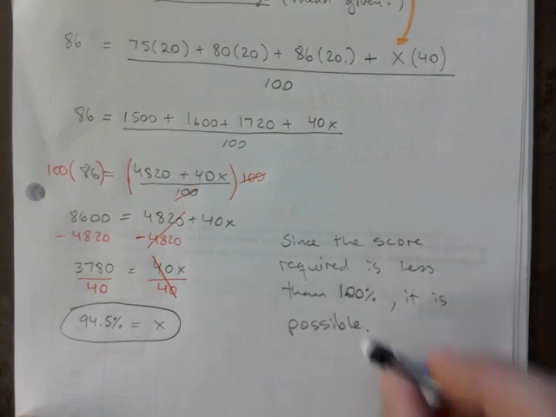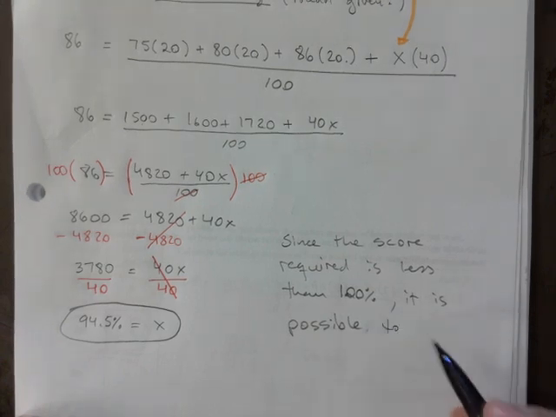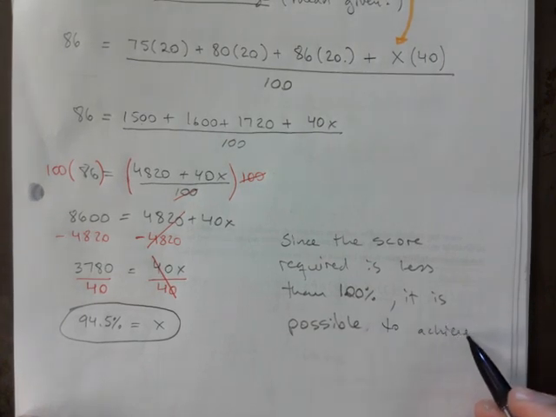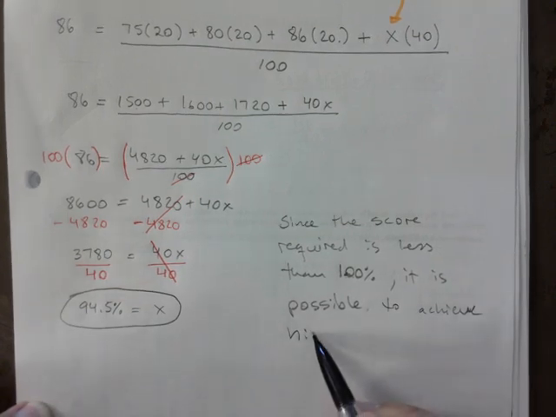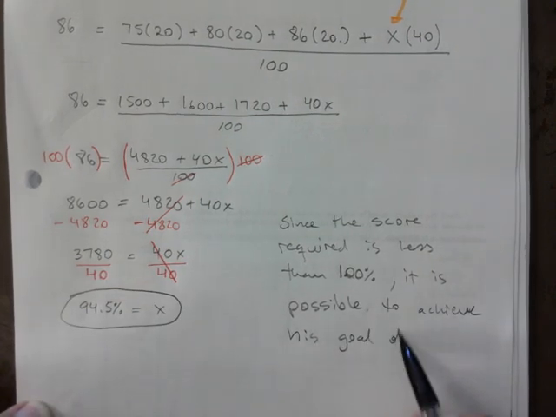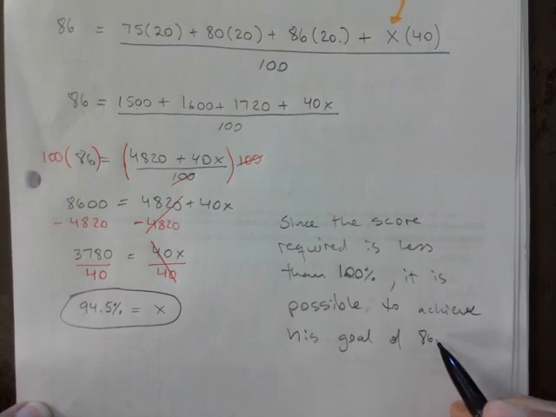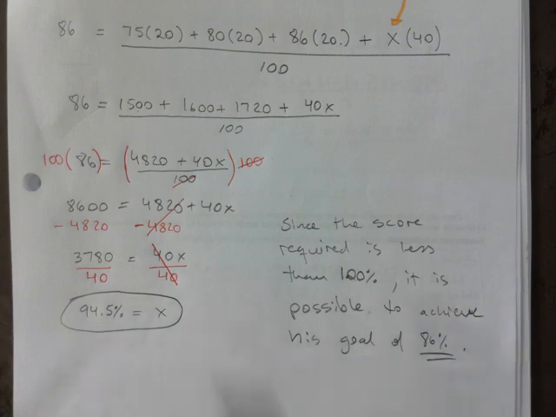It is possible to achieve his goal of 86%. You would need a 94.5 to get that 86, right? So there you go. So that's a backwards example.